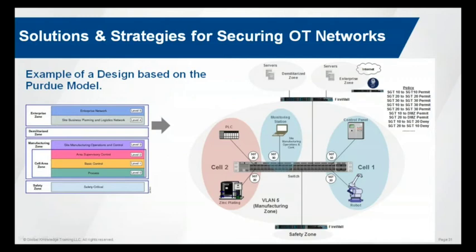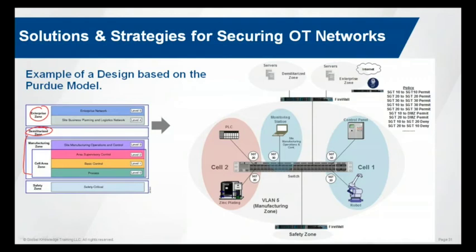You might have your enterprise zone, which is basically your IT zone. You have your demilitarized zone, and the demilitarized zone is where you can place, maybe if you want to allow any service access from the internet, or even you want to use some shared services like your DNS servers, Active Directory, and so on. And then the manufacturing, this is where you have all your cells, right?